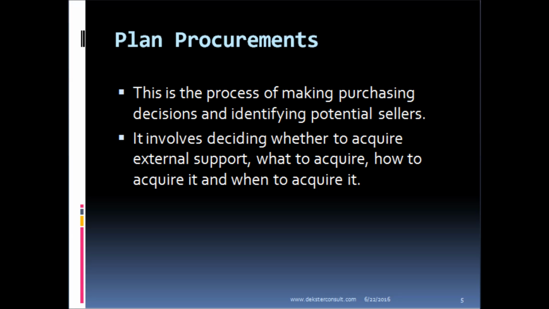So it involves deciding whether to acquire external support, what to acquire, how to acquire it, and then when to acquire it. All these are done in this process, which is called the plan procurement management process.